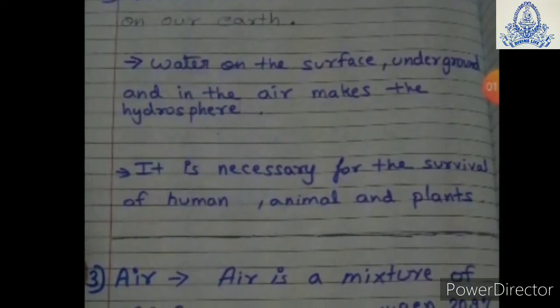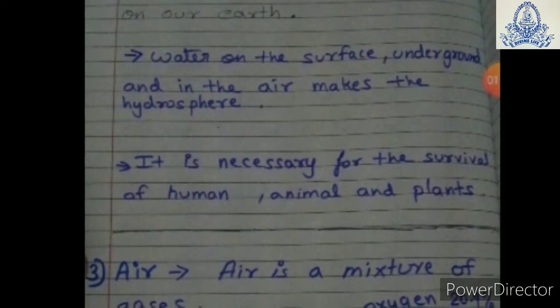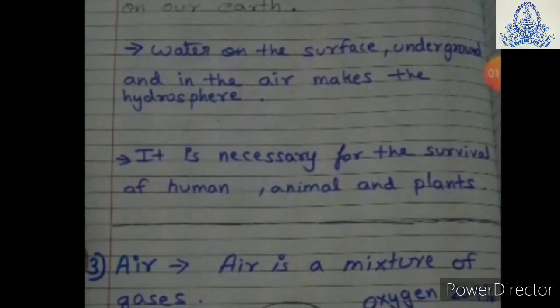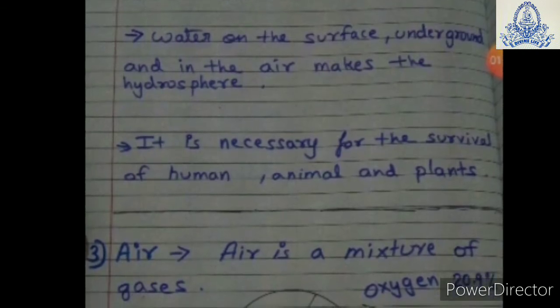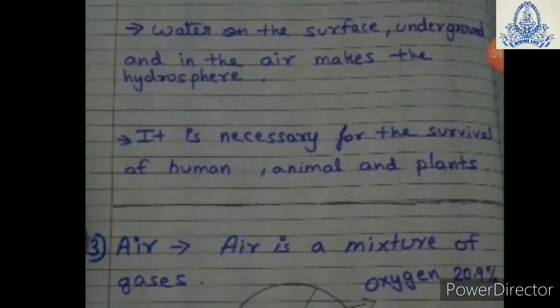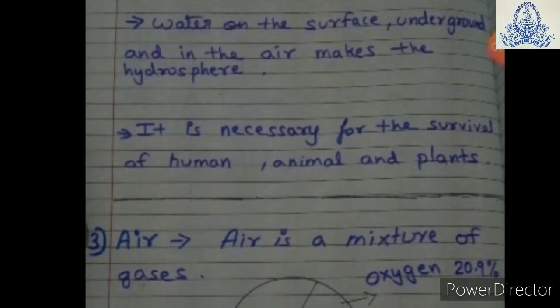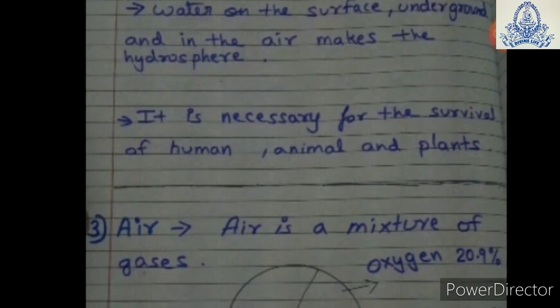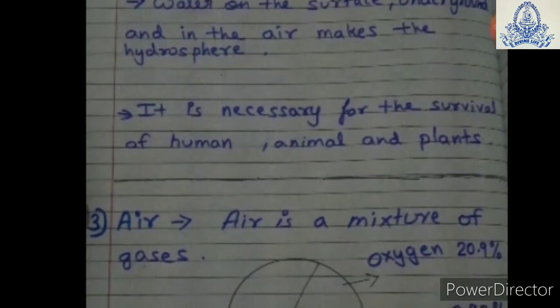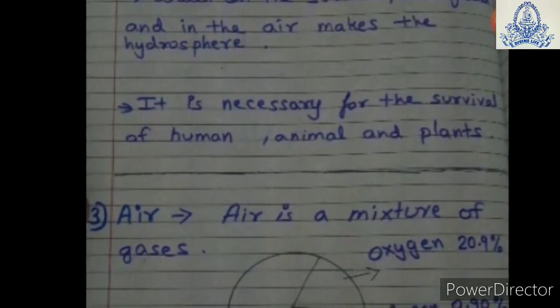Being humans, we also know that water is needed in our day-to-day purposes like washing, bathing, cooking, etc. So it is the basic necessity of every living being, and it is also necessary for the survival of human, animals and plants.